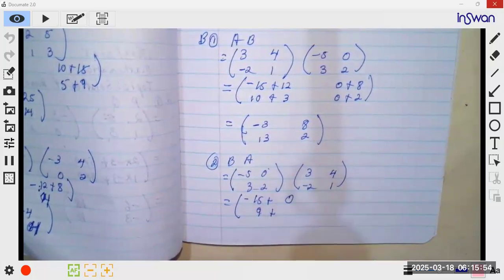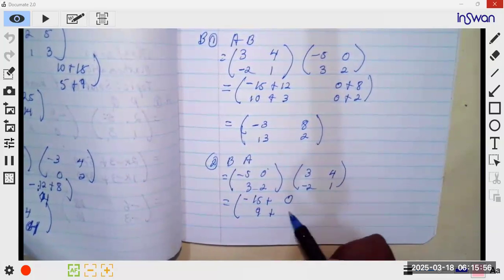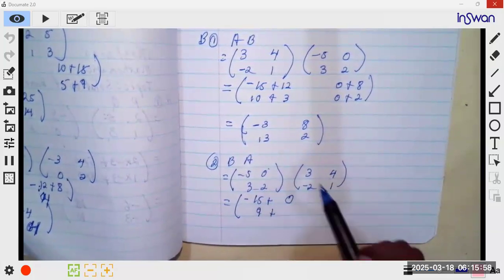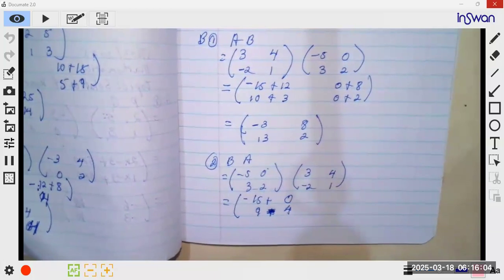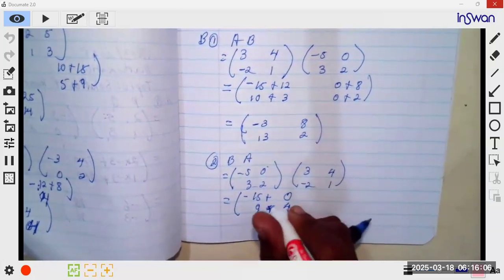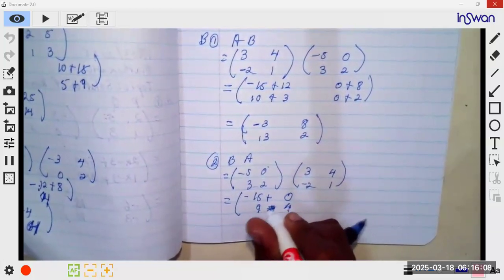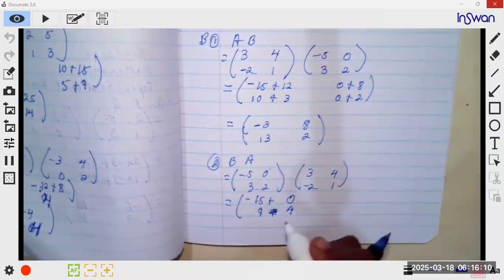So 3 threes are 9, 2 by minus 2 will be minus 4. Immediately put your minus sign one time. Right? Okay? You all, yes or no?